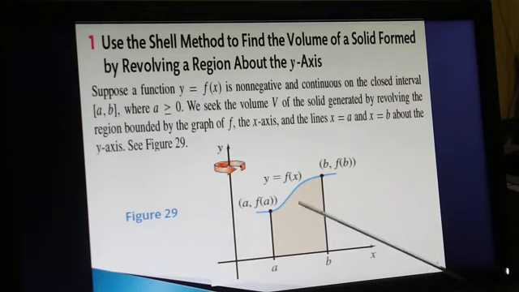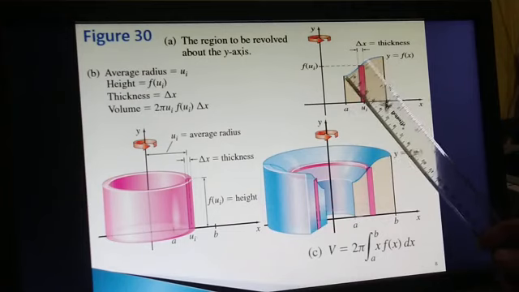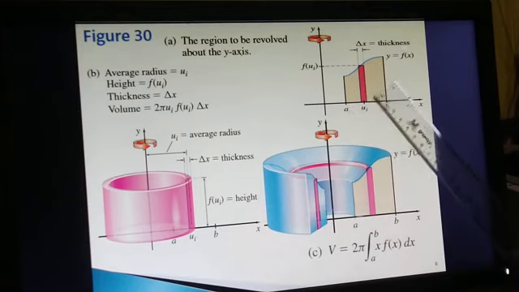As usual, we use a partition of the interval a and b. As an illustration, if we have an area like this and we rotate it about the y-axis, then the solid of revolution looks like this.